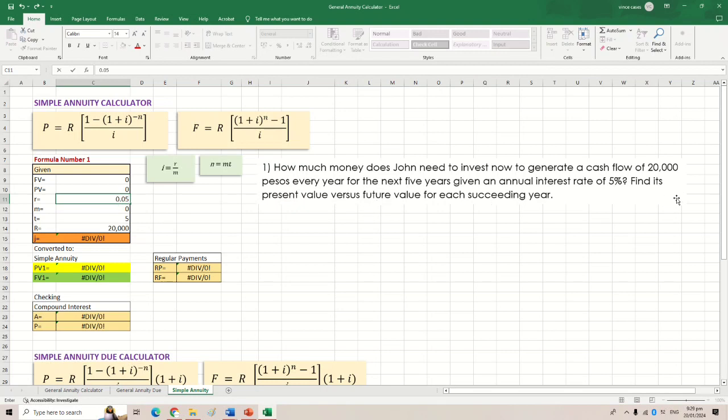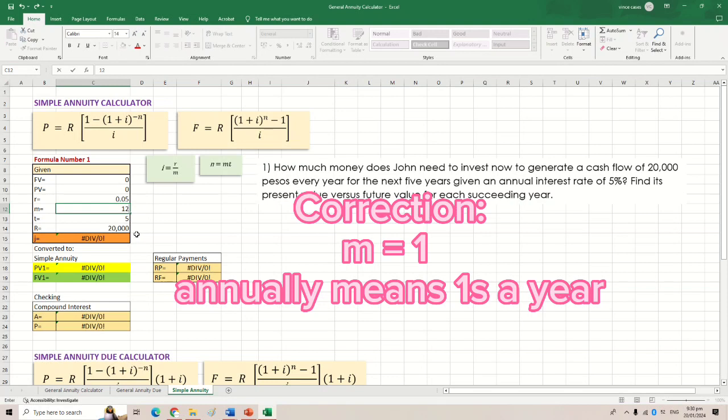Our M is the compounding period, annual interest rate, so it's annual, that is, M is 12.